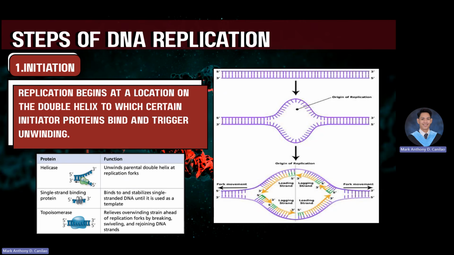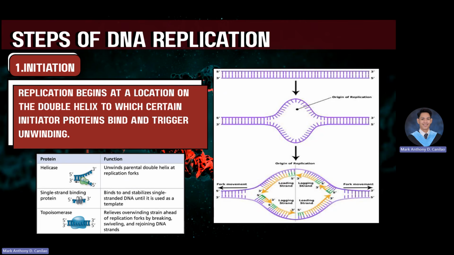Since DNA is unwound or open, there is a tendency that other molecules or nucleotides might attach to it. But SSBP stabilizes the unwound DNA, so that unwanted substances that are not needed in replication won't attach. Again, SSBP or single strand binding protein is used to stabilize the unwound or unzipped DNA.